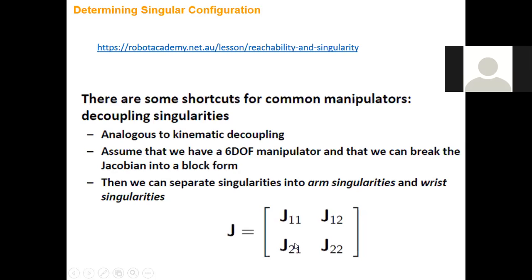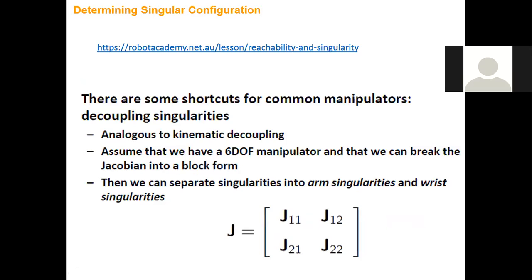In total, we have 6 by 6 again. So this is 3 by 3, this is 3 by 3, this is 3 by 3, this is 3 by 3. In total, we have 6 by 6. Does it make sense?